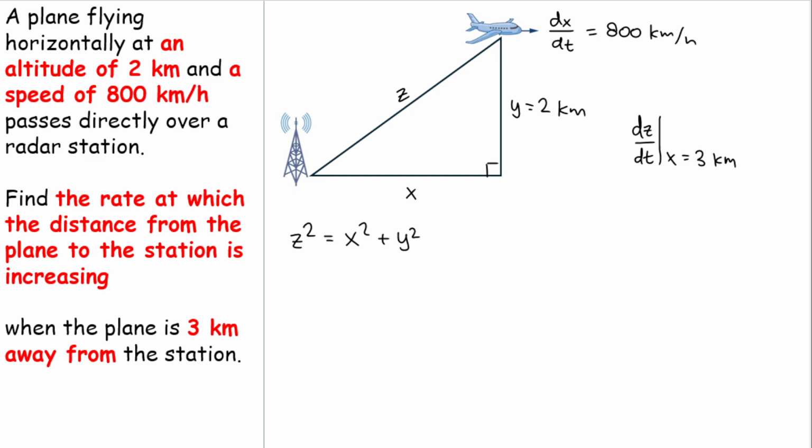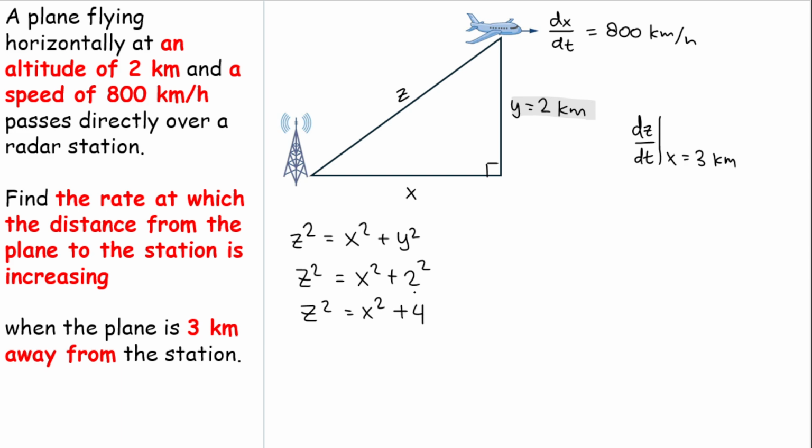If you see here, this y is the height of the plane flying, and it does not change because the plane is flying horizontally, right? So the height does not change. So we can just plug this in: z squared is equal to x squared plus 2 squared, or z squared is equal to x squared plus 4.